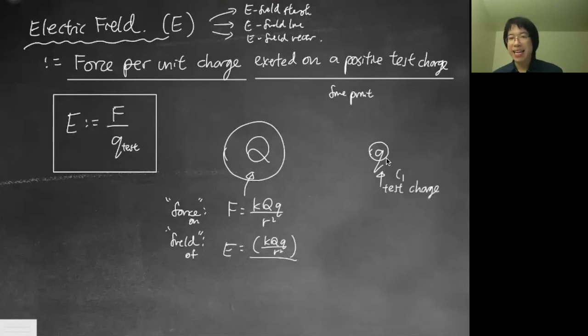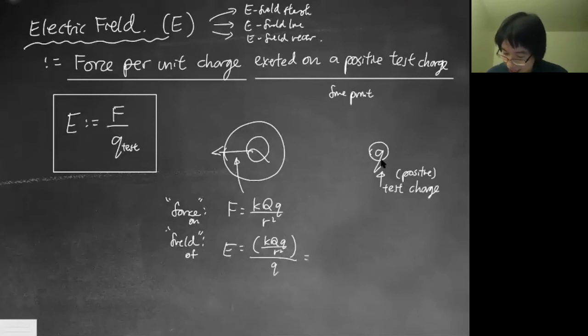And then we use this to test how strong this is. So, let's say it repels, right? So I calculate precisely this force, but then I take this force and I divide by this guy. Now the answer I get is this.